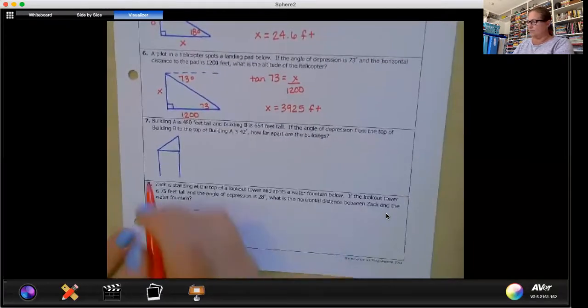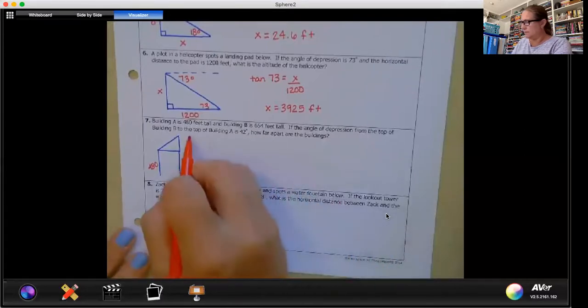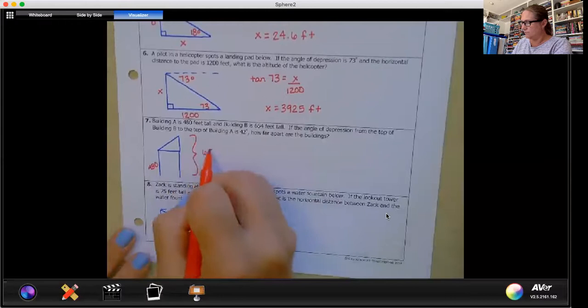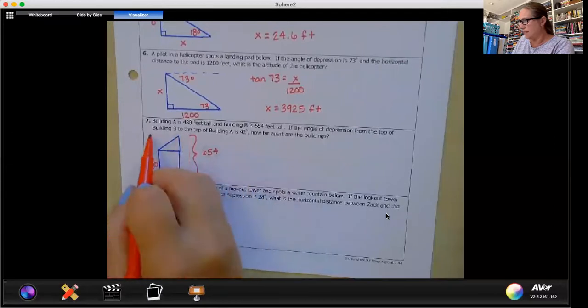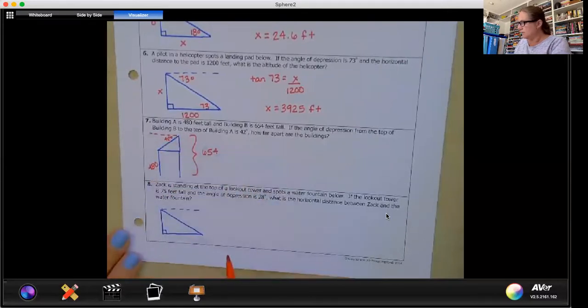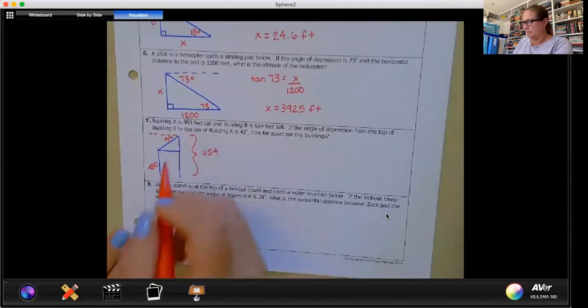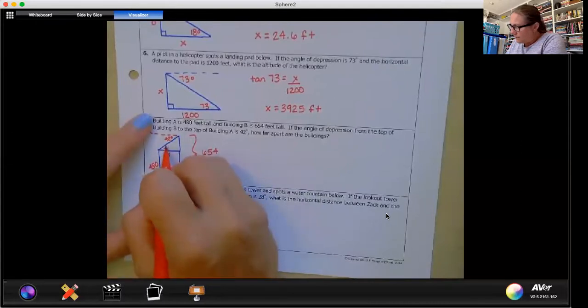Building A is 480 feet tall, and Building B is 654 feet tall. The angle of depression from the top of Building B to the top of Building A is 42 degrees. How far apart are the buildings? So this is what we're looking for here. So we know that this is 42 degrees.